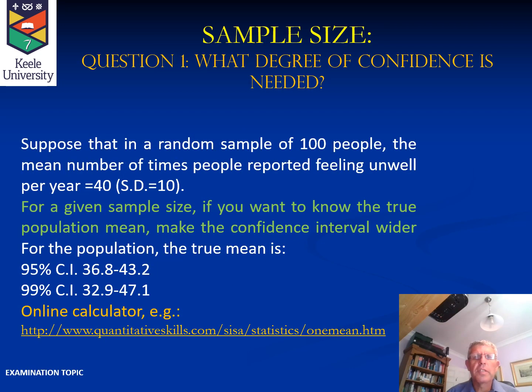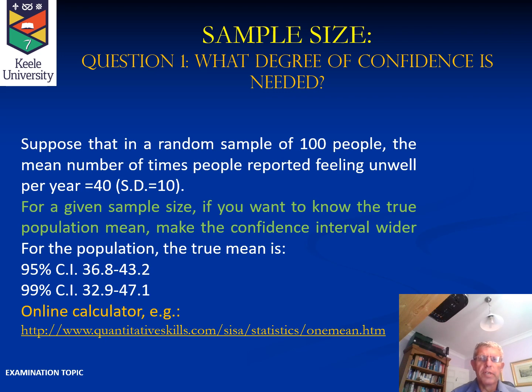So there are a few things to think about in relation to sample size. Number one, what degree of confidence is needed? Suppose that in a random sample of 100 people, the number of times people report feeling unwell per year is 40 with a standard deviation of 10. For a given sample size, if you want to be more sure of the true population mean, what you need to do is make the confidence interval wider.